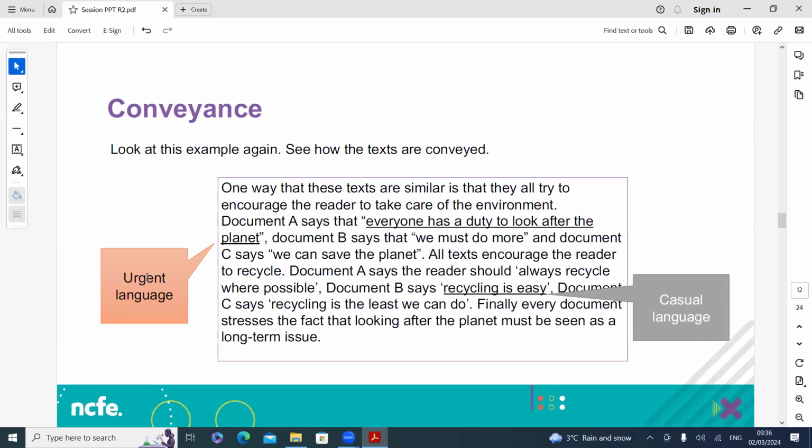So the conveyance, how are they getting the message across? So that's another way to answer the question, or an additional feature you can look for and talk about in your answer. Is there a similarity between the way the texts convey the message? Okay.